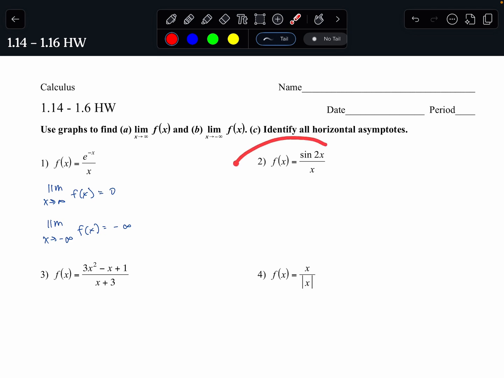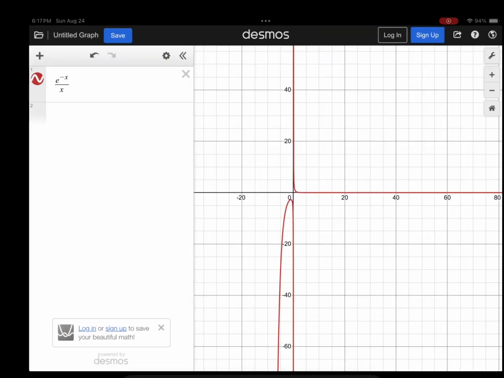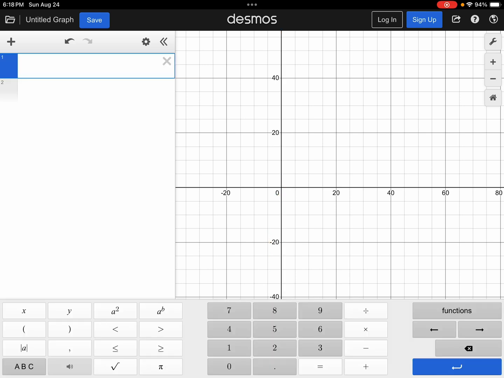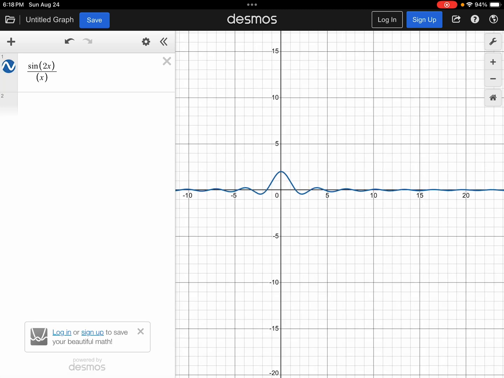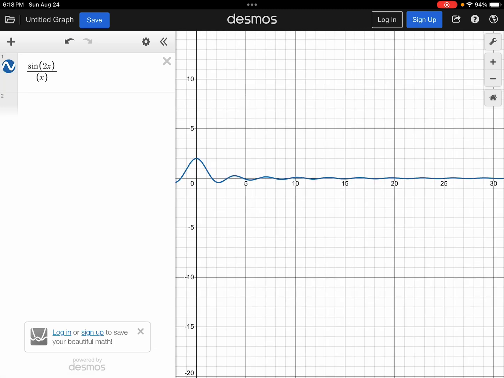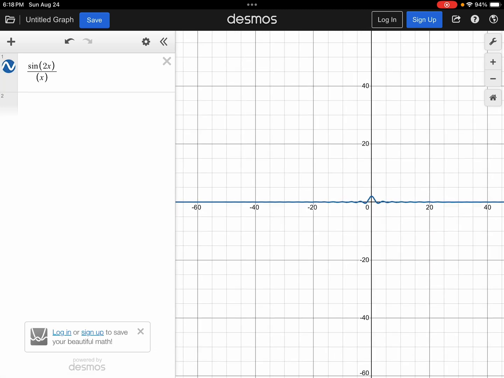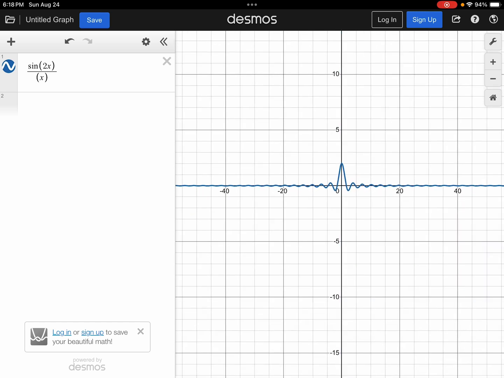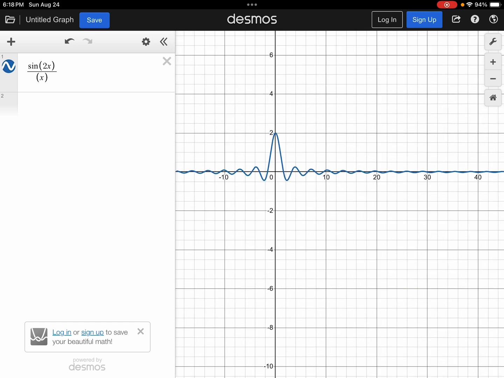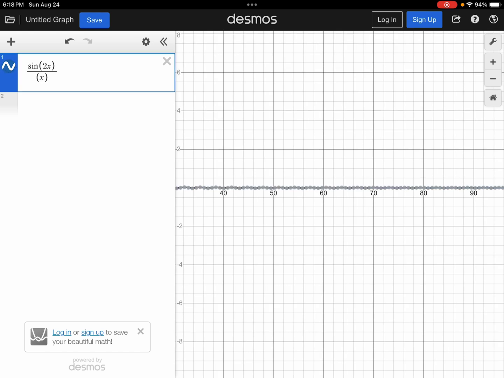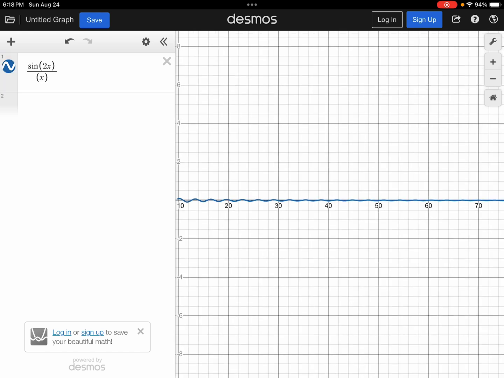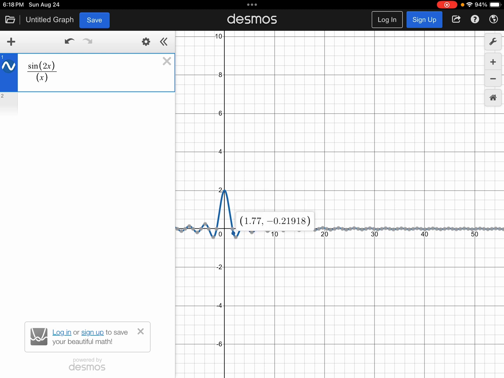Let's see. Going on to number 2. Sine of 2x divided by x. And as we approach positive and negative infinity, it seems like this function is symmetrical. At positive and negative infinity, I would again say that the function is approaching 0 as well.